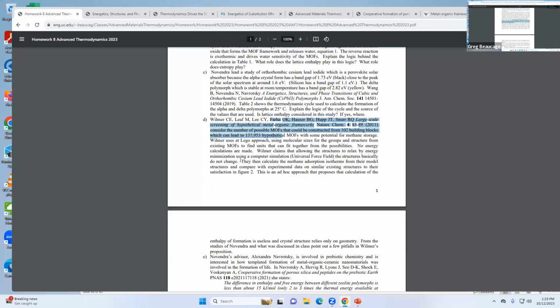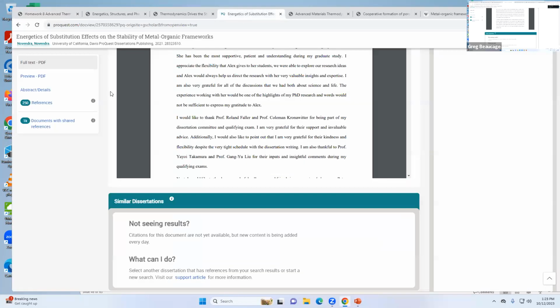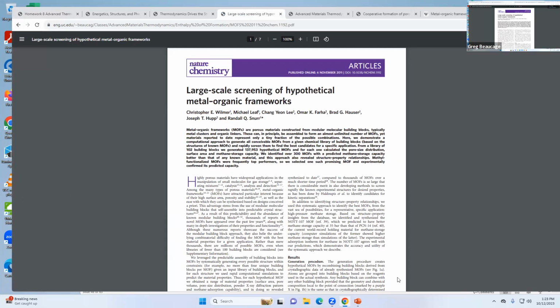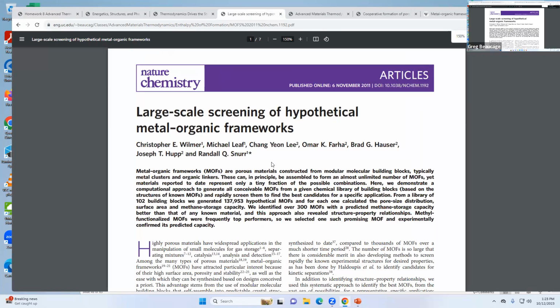So it's kind of interesting. It's along the same subject, in the sense that they're screening of MOFs. There's also a paper on explosives in there, but anyway, it's kind of a garbage kind of stuff.